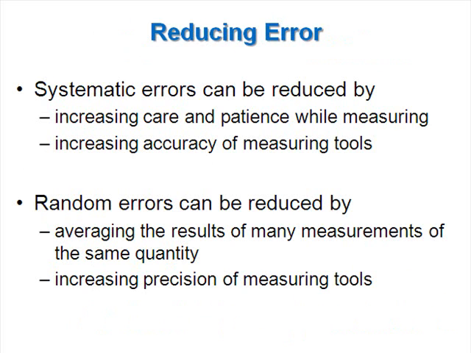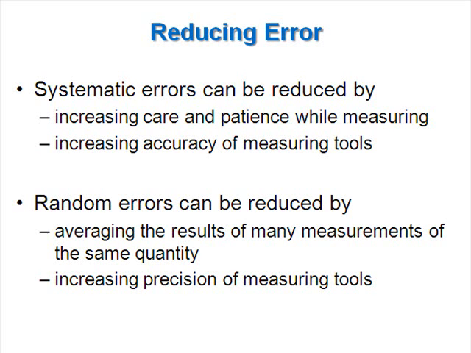How can I reduce these types of errors? Well, if you want to reduce systematic errors, you make sure you take patience and make the measurement carefully, and more importantly, the measuring tool is in proper working order, and your brother or sister didn't cut the meter stick partly down.